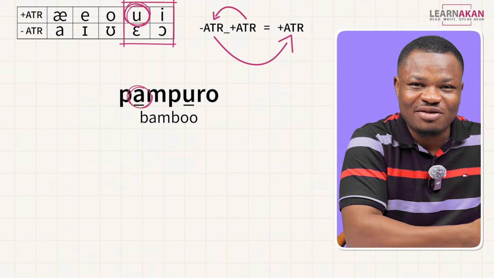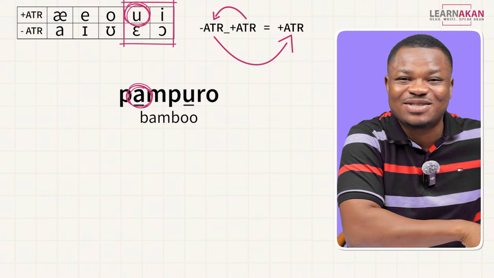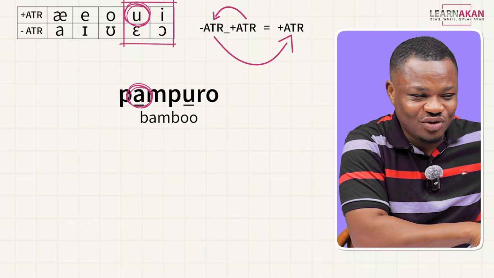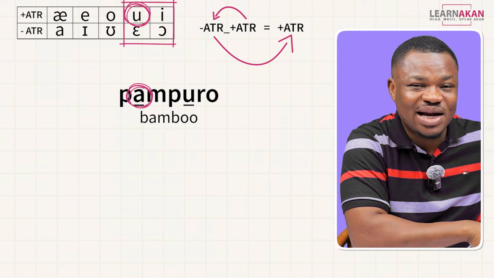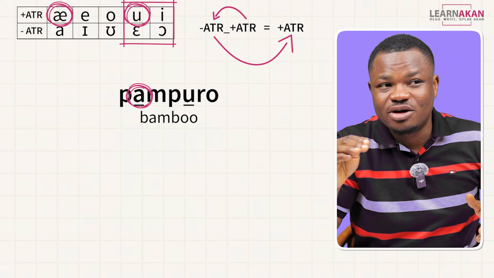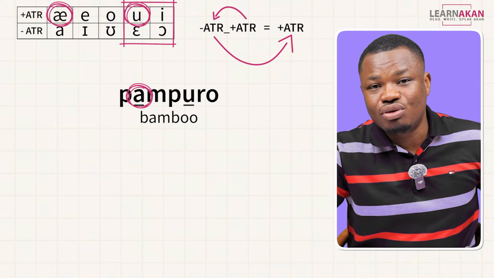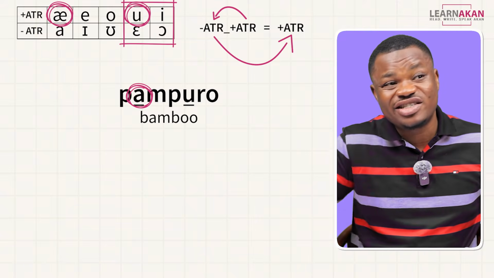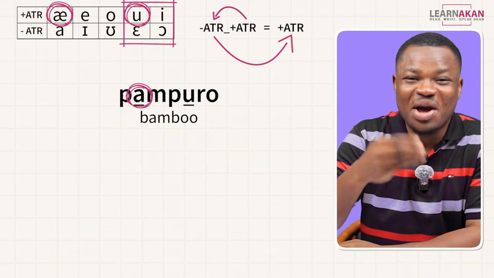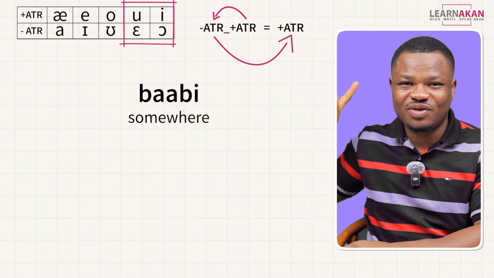So the A in front will not be pronounced as the regular A sound because that is minus ATR. So the A needs to be pronounced as the plus ATR version, right? So we say pempru, not pampru. We didn't say pampru, it's pempru.